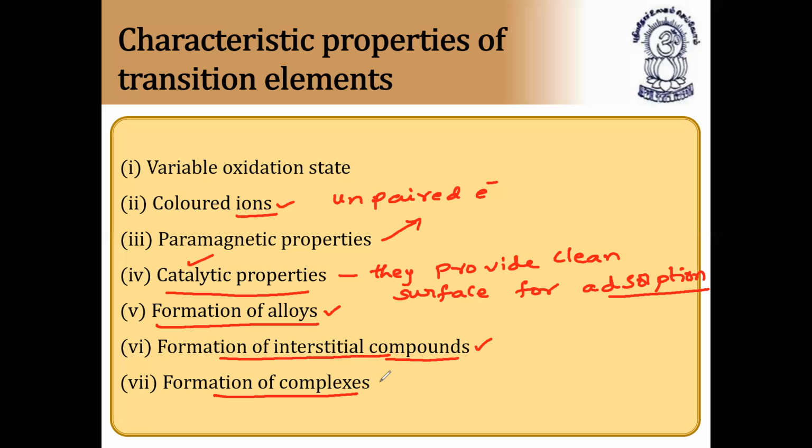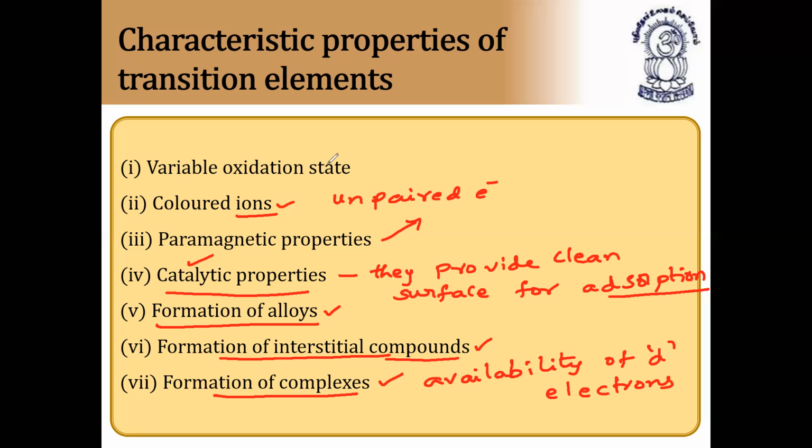And they form complex compounds, because they have more d electrons available for bonding and an expanded octet, so they can form complexes easily. That's why these characteristics are different.